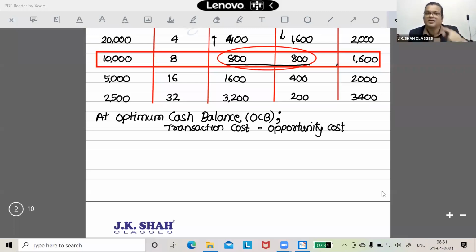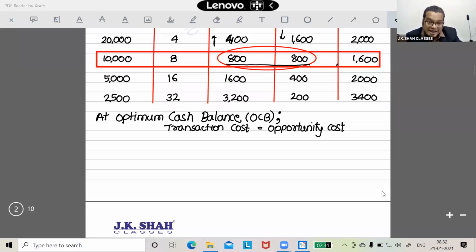I hope you have understood this part, that at the optimum cash balance the transaction cost is becoming equal to the opportunity cost. How much is that? 800. The transaction cost is 800, people. Tell me how this 800 came. Sir, you did 8 rounds, so 100 rupees each. But how did I get 8 rounds?